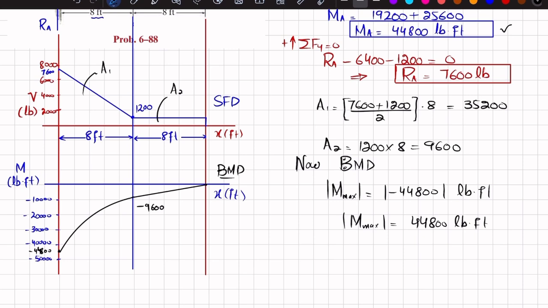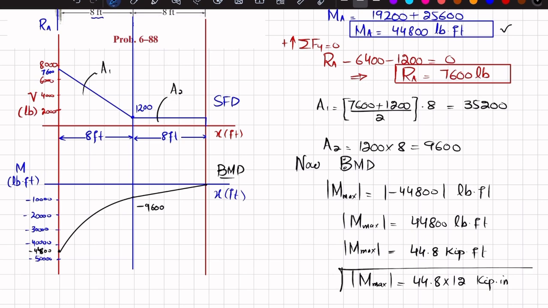Now if you want to convert it into kips, so 44.8, it will be kilopounds, which is equal to kip-feet. Now if you want to convert this feet into inch, what we will do is 44.8 multiplied by 12, and the unit will be kip-inch, because 1 foot is equal to 12 inch. So this is the maximum bending moment.